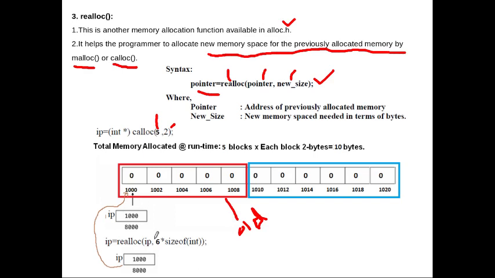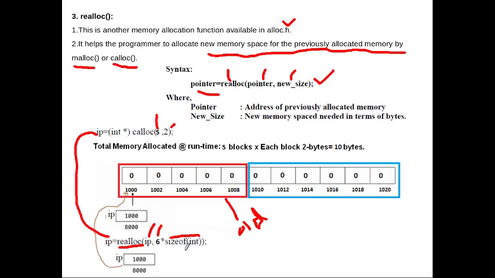In that case, we can use the realloc function. This is the old pointer, ip, comma 6 into sizeof int. So we require 6 new memory locations, each of size int, 2 bytes.